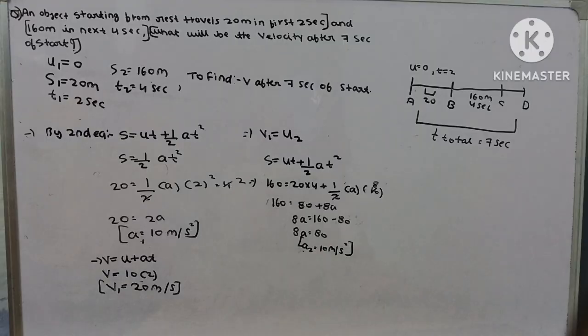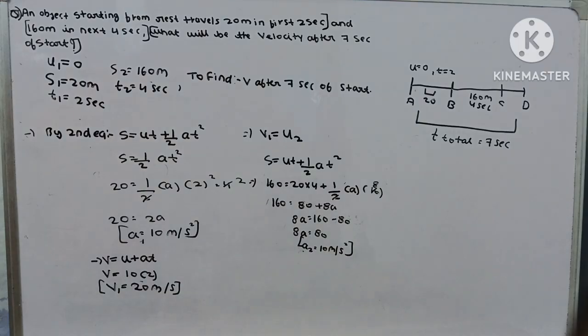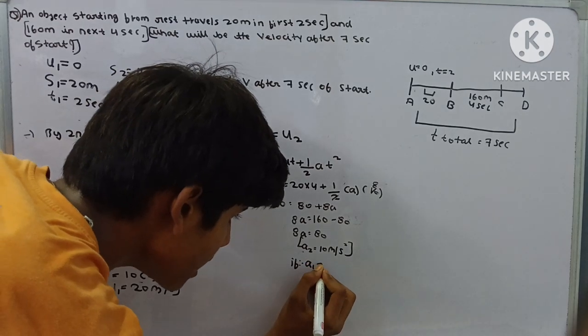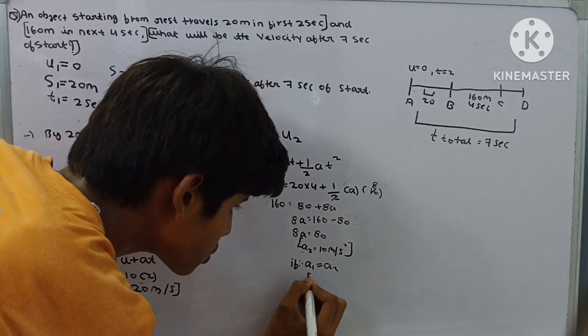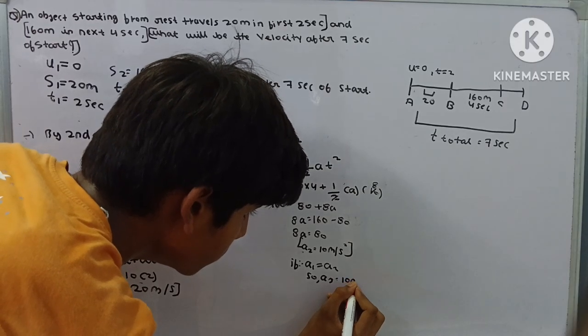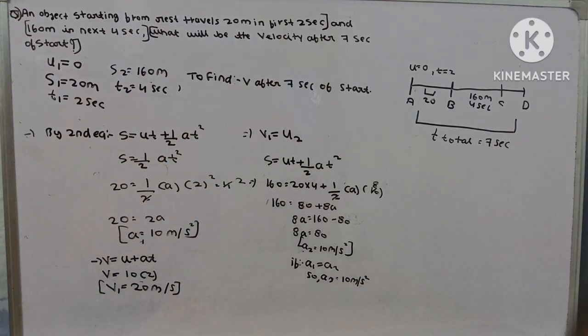Now finally we can say that the acceleration of the first case and the acceleration of the second case is constant, right? So if a1 is equal to 10, a3 will also be 10 meter per second square, right?